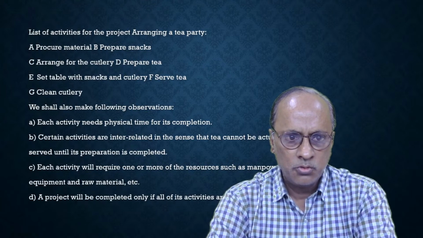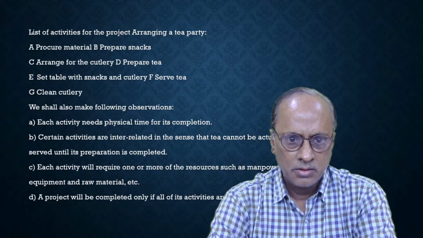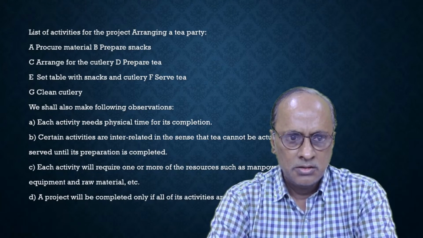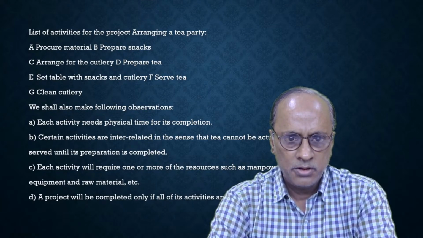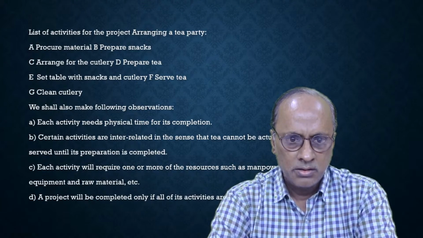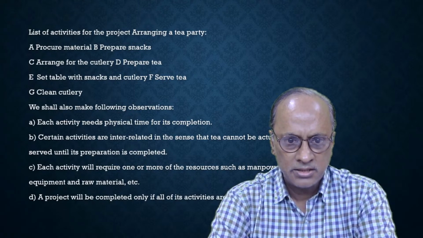We start with A, procure material, B, prepare snacks, C, arrange for the cutlery, then D, prepare the tea, E, set the table with snacks and cutlery, F, serve tea, and G, clean cutlery.